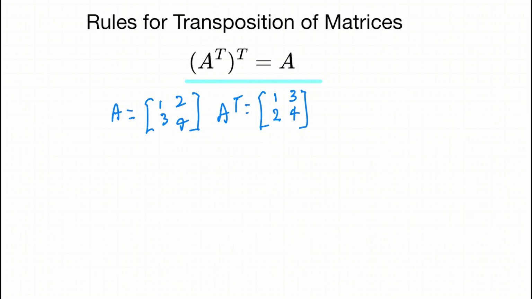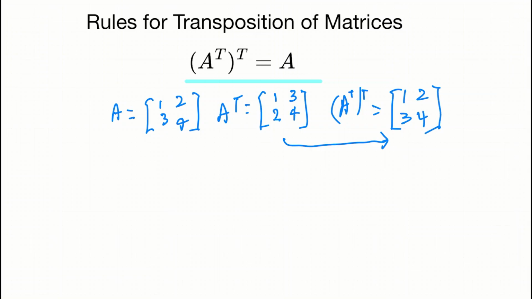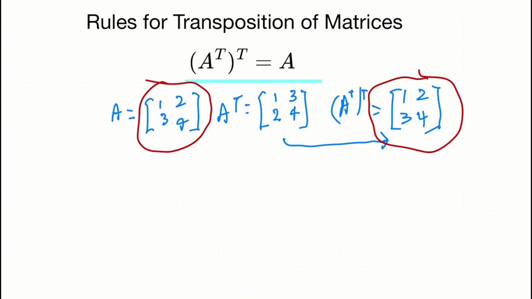Now if we take the transpose of that, A transpose, transpose, over here what we're going to get is 1, 2 becomes 1, 2, and the second column 3, 4 becomes the second row. And so we can see that the transpose of the transpose is equal to the original matrix. So that's good. That's another rule.